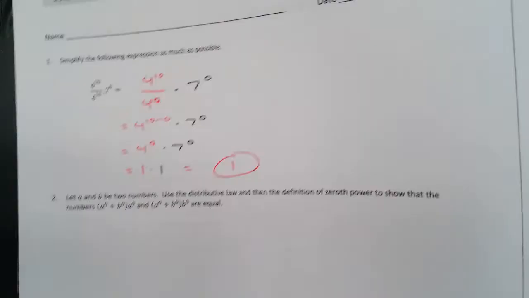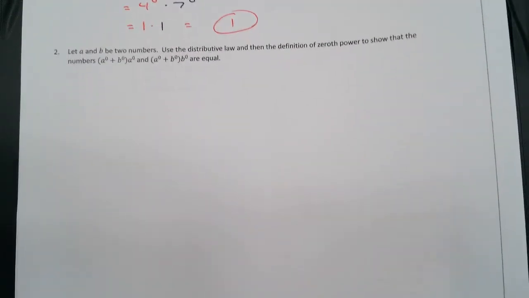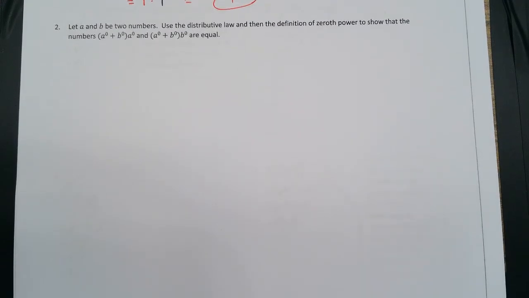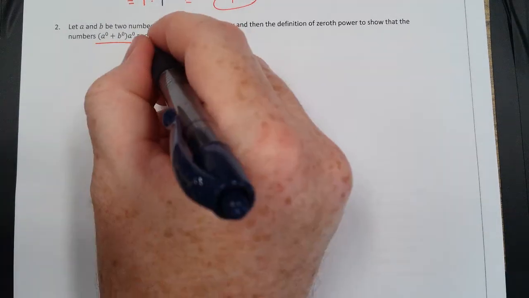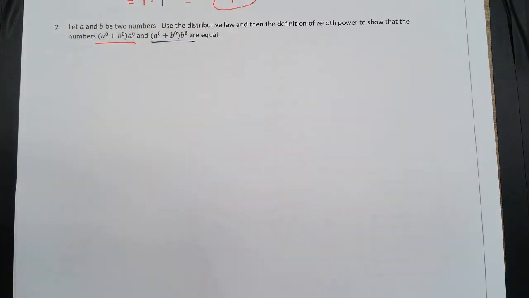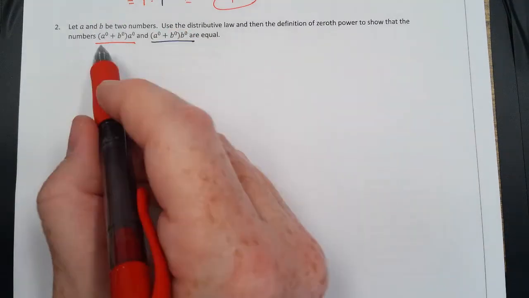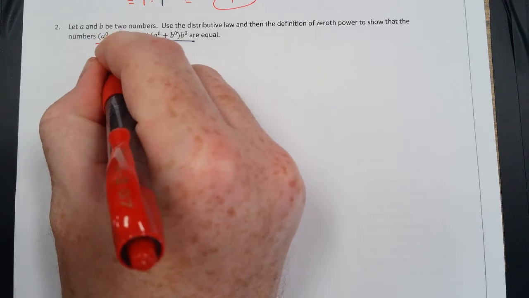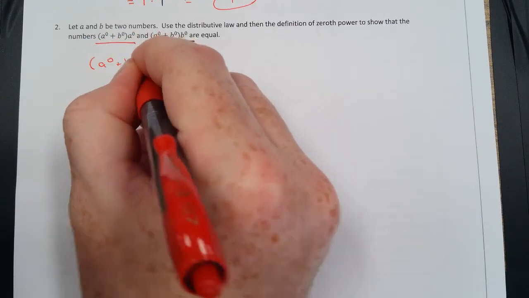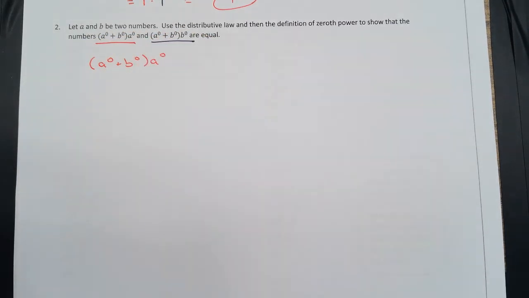For the next question on the exit ticket, number 2, we need to use the distributive law and then the definition of the 0th power to show that both of these expressions are equal. So let's start by finding the solution to this expression. A to the 0 plus b to the 0 all times a to the 0.